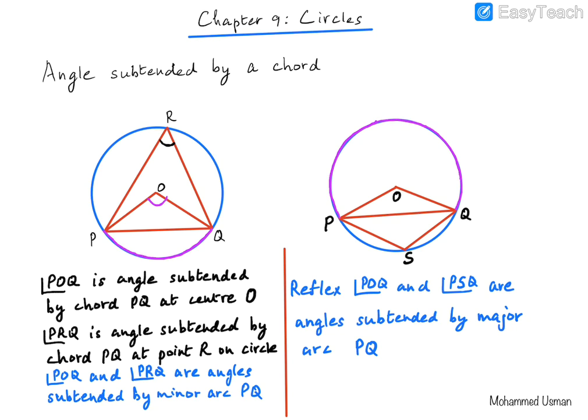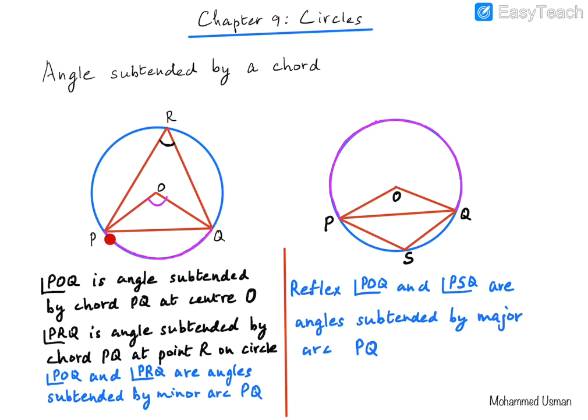First we need to know these definitions. We have angle POQ, which is the angle subtended by the chord PQ at the center of the circle, and we have the angle PRQ, which is the angle subtended by the chord PQ at any point R on the circle. If you notice, both these angles in this particular figure, POQ and PRQ, are the angles subtended by this smaller arc PQ.